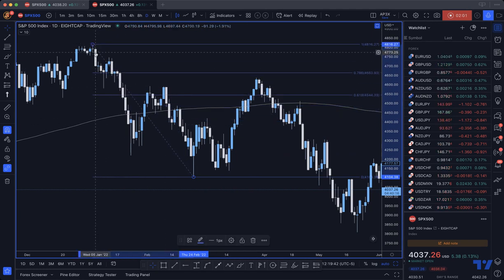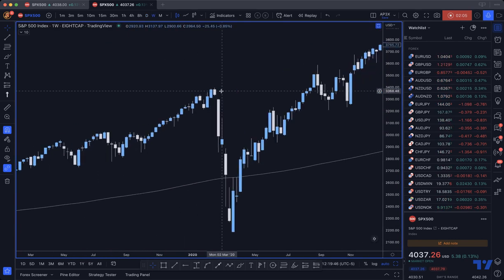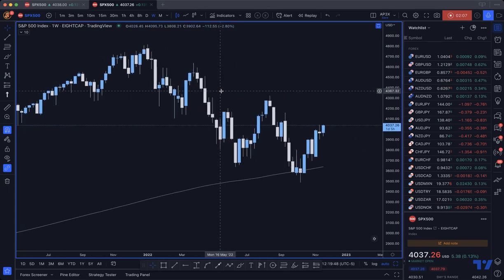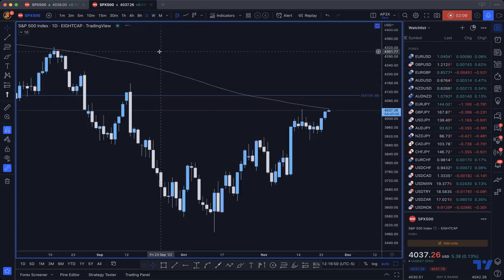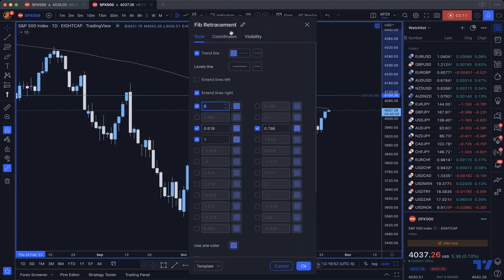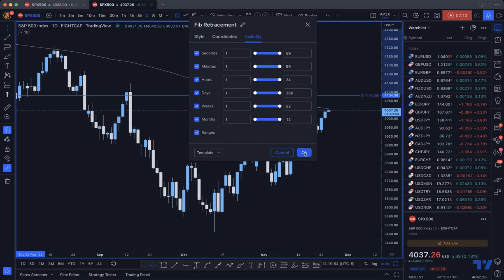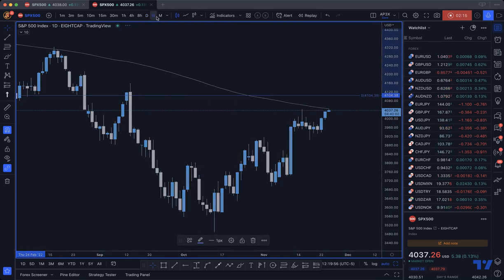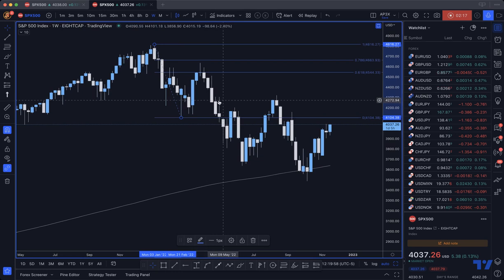Now, look here. If you measure this whole leg down on a weekly, there we go. If we measure this weekly leg down, we go to 618, between the 618 and the 786 sell zone yet again.